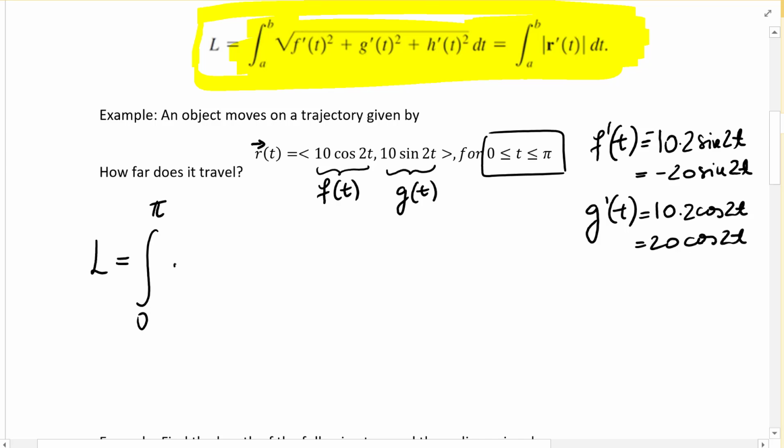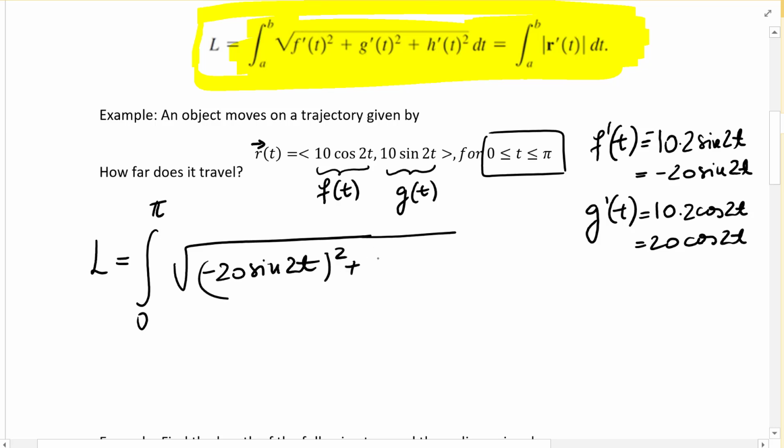So replace them into the square root of f prime of t, negative 20 sine of 2t squared, plus g prime of t, that's 20 cosine of 2t squared, dt, right? There is no third component.